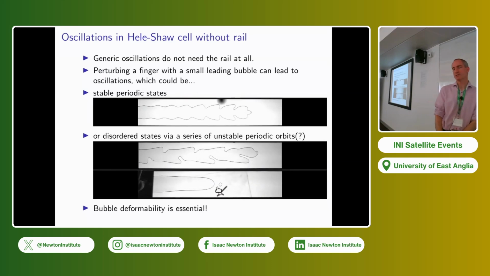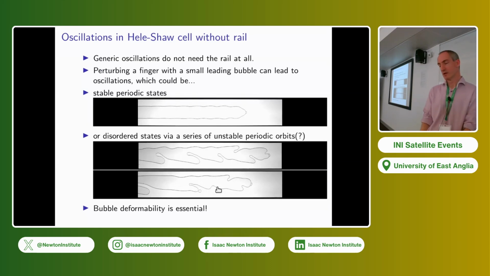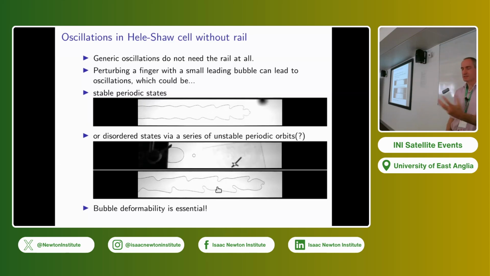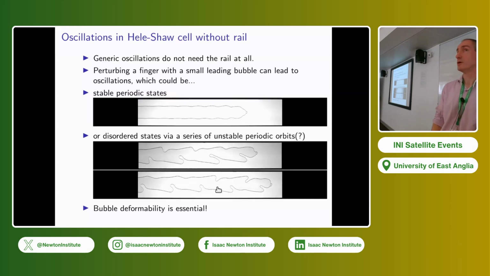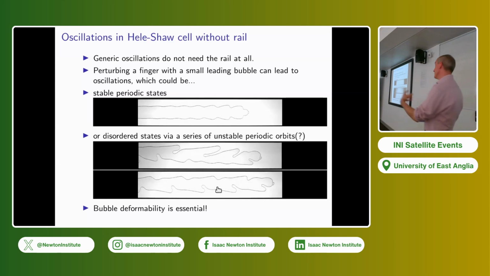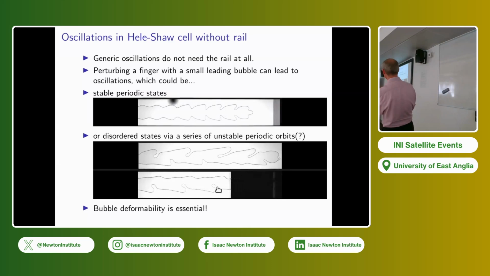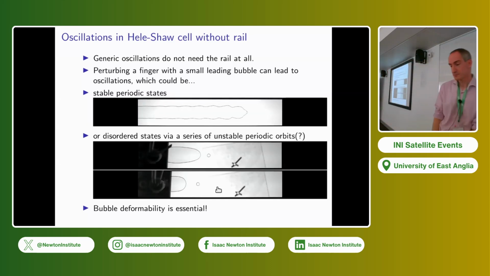These are now unoccluded Hele-Shaw cells, and we end up with very complicated dynamics. So are these disordered states via a series of unstable periodic orbits? We don't know yet, but we can hopefully start to understand this complex behavior in the unoccluded Hele-Shaw cell by using these dynamical systems ideas.